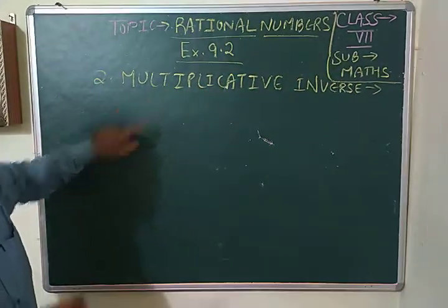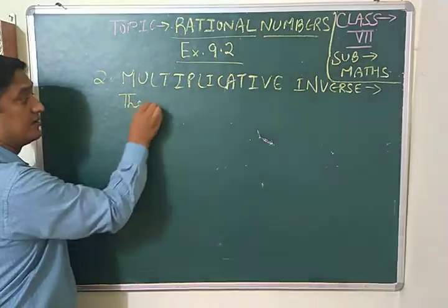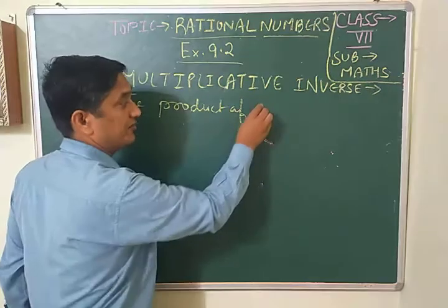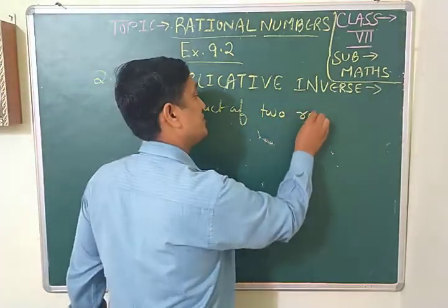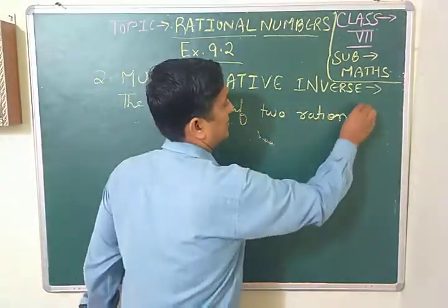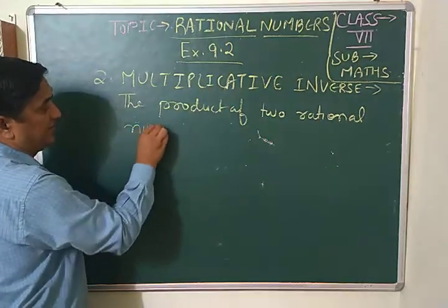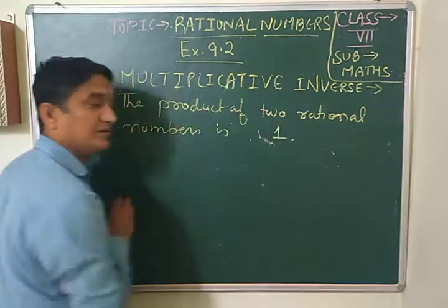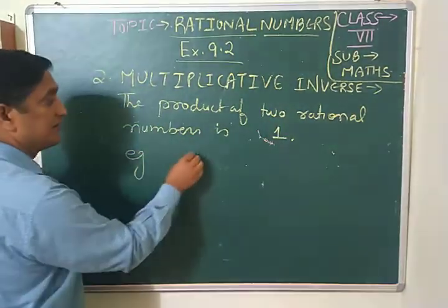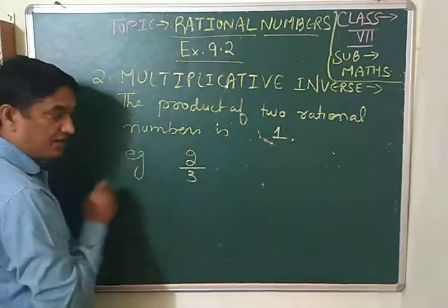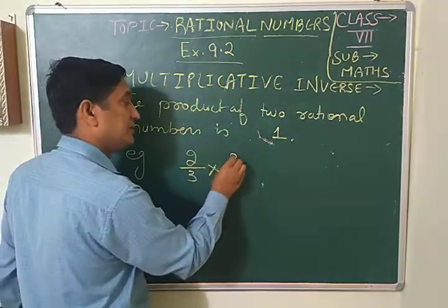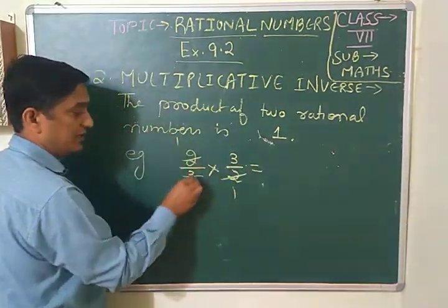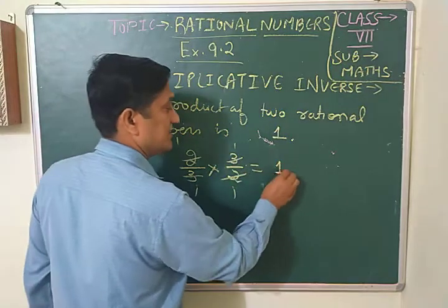Multiplicative inverse means the product of two rational numbers is 1. For example, this is 2 upon 3, and if we multiply it by 3 by 2, 2 ones are 2, 3 ones are 3, the answer is 1.